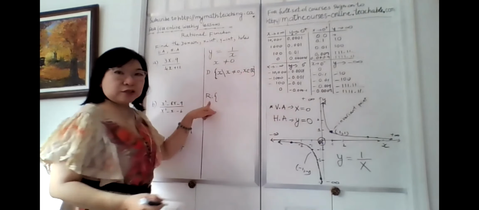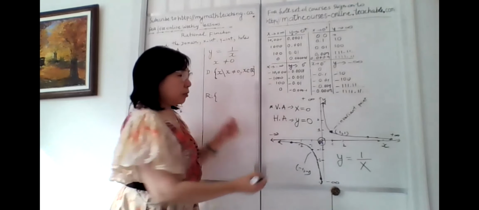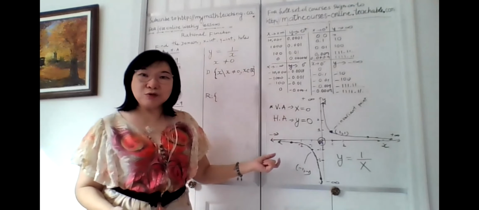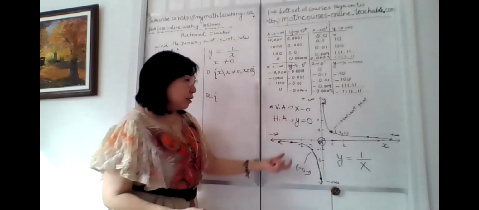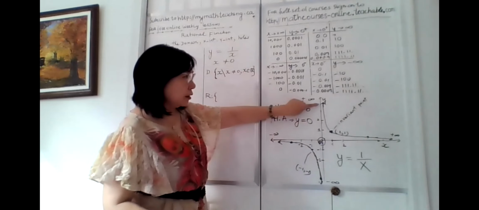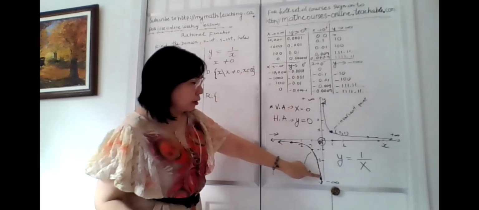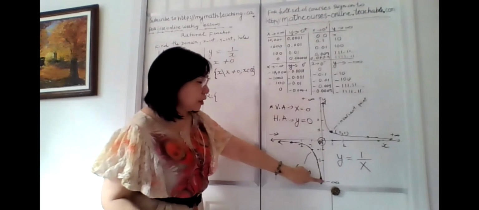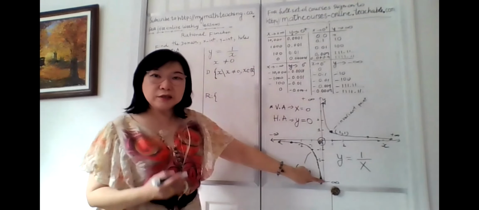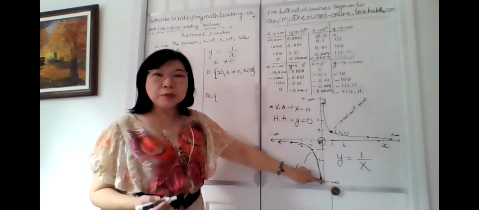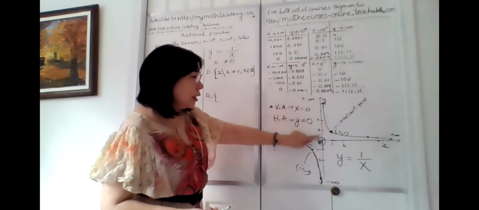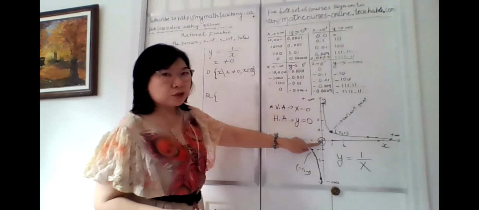What about the range? When we look at the range, we're talking about the y values. So again, any value of y can go from positive infinity down to negative infinity, including rational numbers, irrational numbers, whatever, as long as y is not 0 as well.